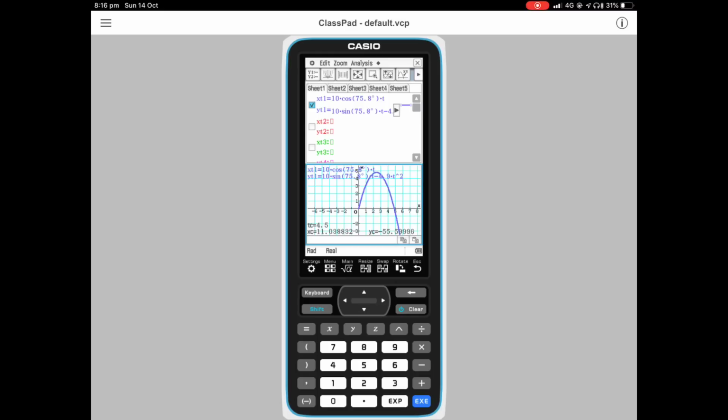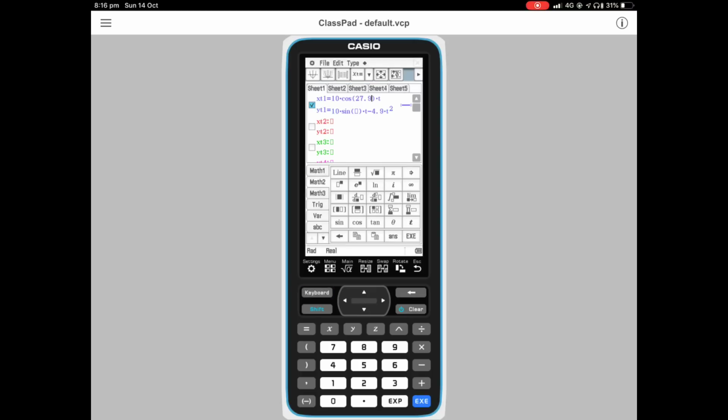So how to do with this? What was it? 27.9. I've got to convert it to radians to put it in there. Oh no, you can just put 27.9 degrees with the degree symbol, and that'll convert it.